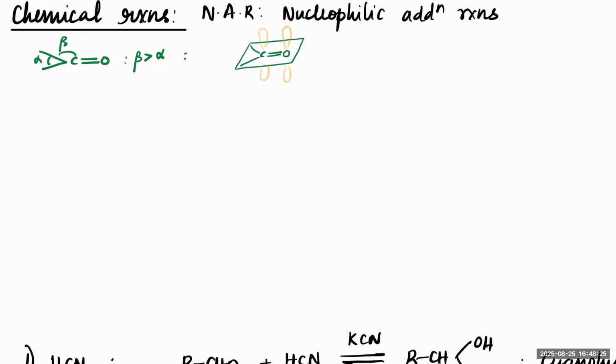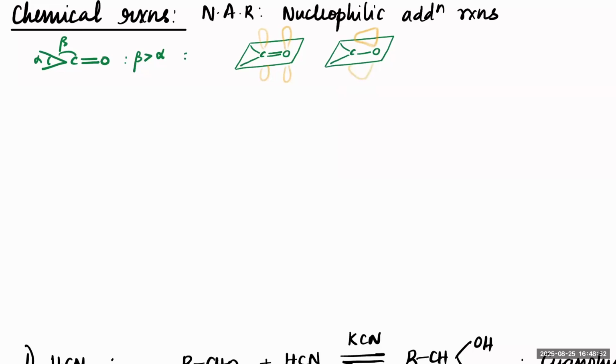Because the oxygen is more electronegative, the electron density is always found more towards oxygen. So the shape of the orbital will look something like this, and below also you will see the shape like this.